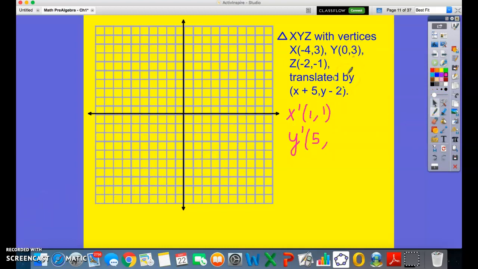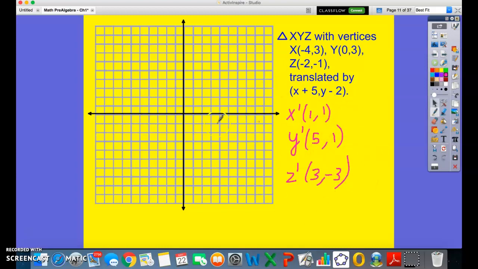So y changes to y minus 2, so 3 minus 2 is 1. Now Z prime is the image after the translation. So -2 and -1: x changes to x plus 5, so -2 plus 5 is 3. And y changes to y minus 2, so -1 minus 2 is -3.